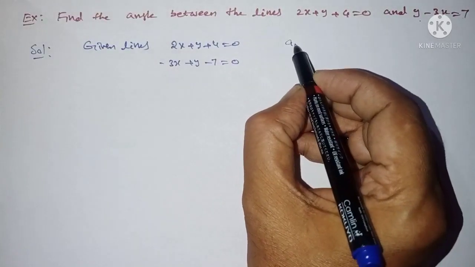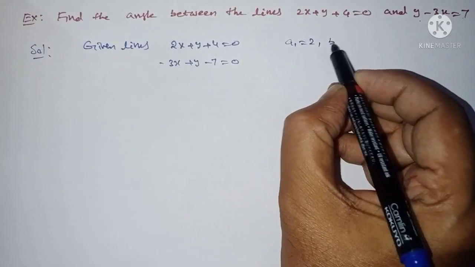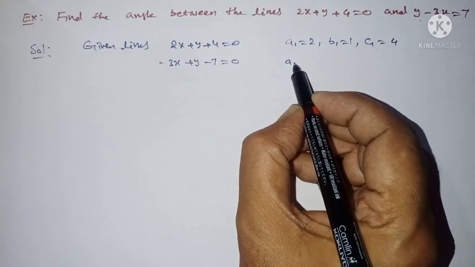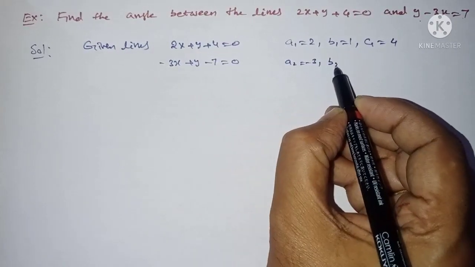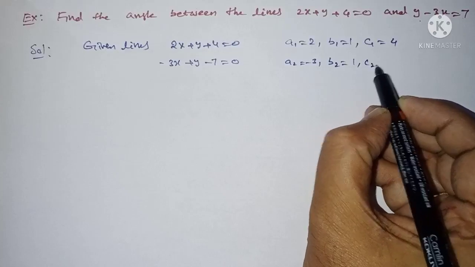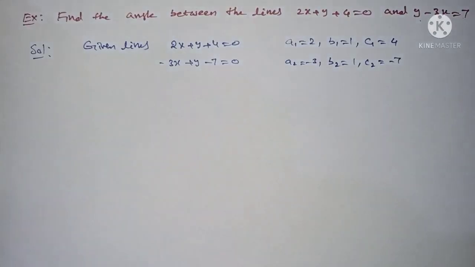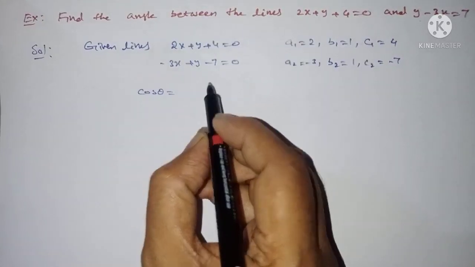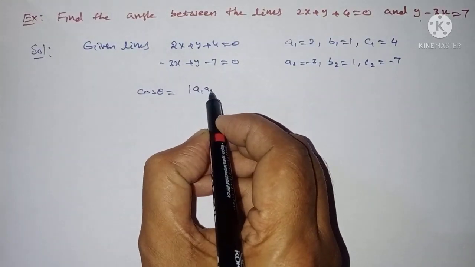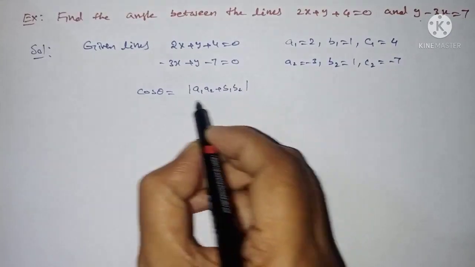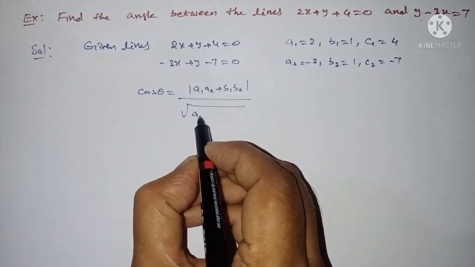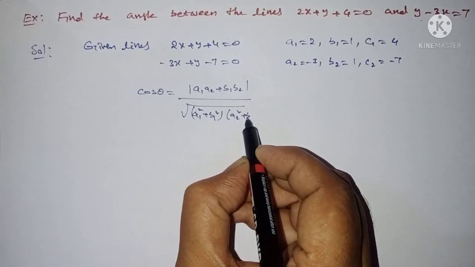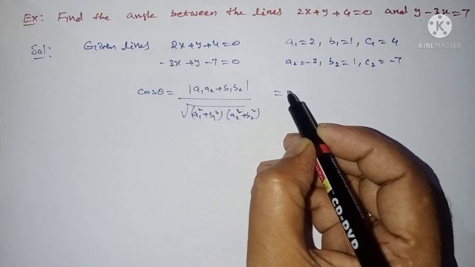Therefore a1 is equal to 2, b1 is equal to 1, c1 is equal to 4, a2 is equal to minus 3, b2 is equal to 1, c2 is equal to minus 7. The formula is cos theta equal to mod of a1 a2 plus b1 b2 by under root of a1 square plus b1 square into a2 square plus b2 square.